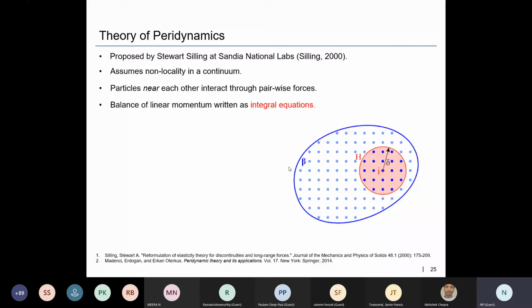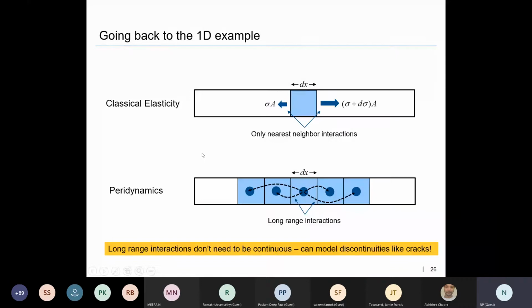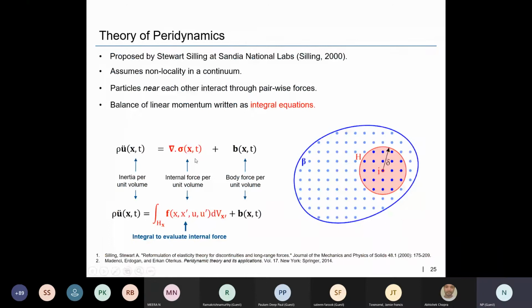And this concept manifests itself as integral equations in the linear momentum equation instead of partial differential equations. So, for example, we talked about this linear momentum equation and how the internal force is represented by some divergence term of the stress tensor. Instead of that, everything else remains the same except the representation of the internal force density is now represented as an integral term instead of a differential term.